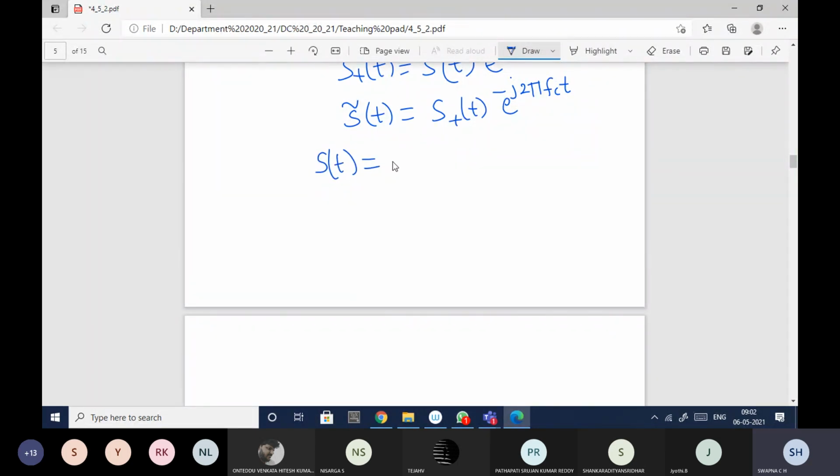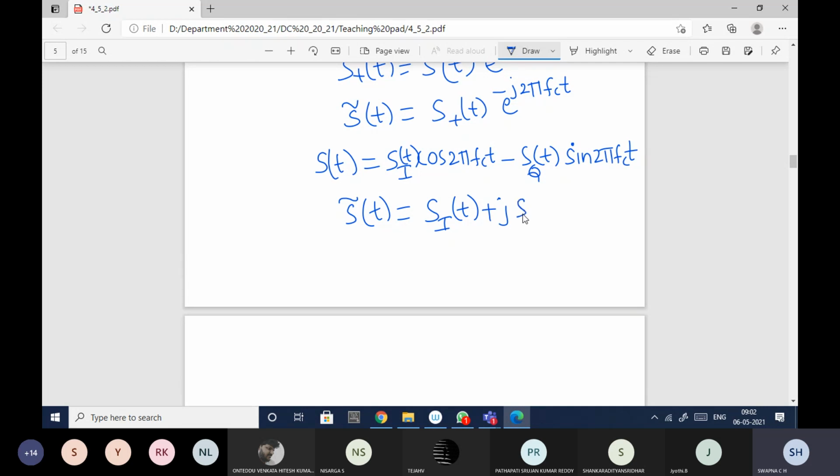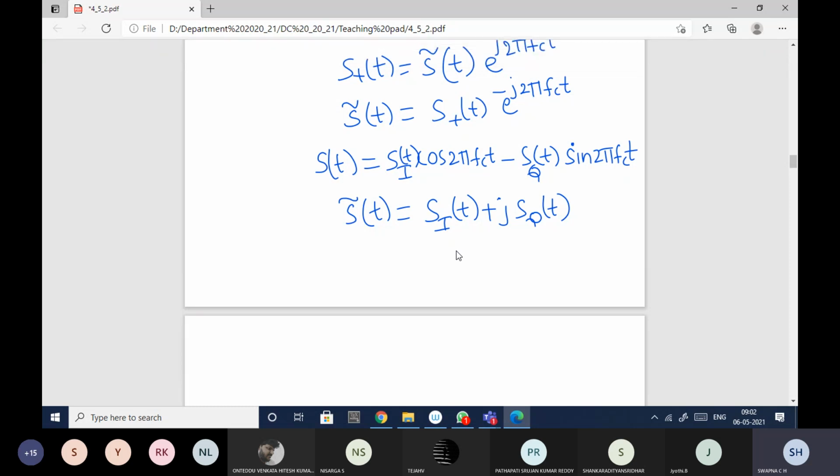Along with that we have also seen that if the signal is a bandpass signal, then we can write it in the canonical form as s(t) is equal to si(t) cos 2 pi fct minus sq(t) sin 2 pi fct, where si and sq are functions of time, and s̃(t) can be represented as si(t) plus j sq(t).